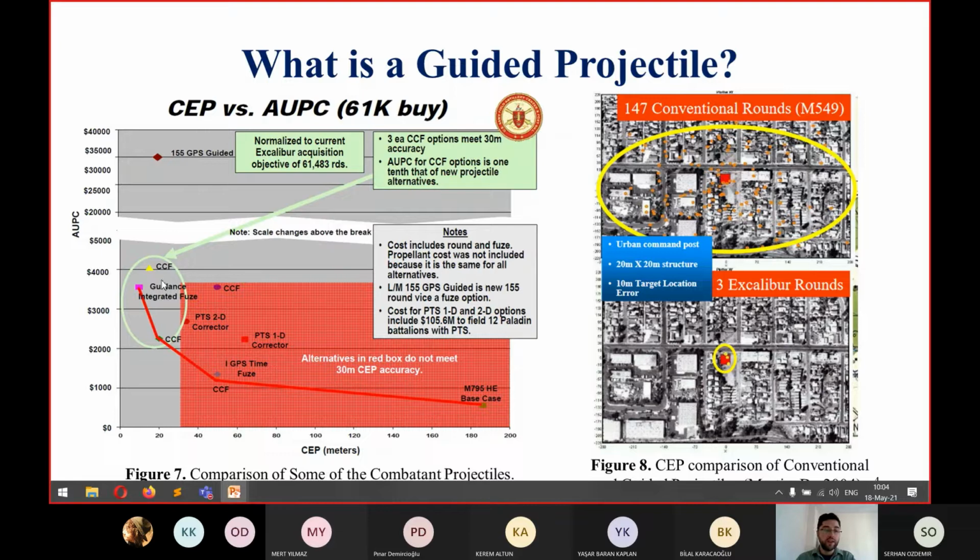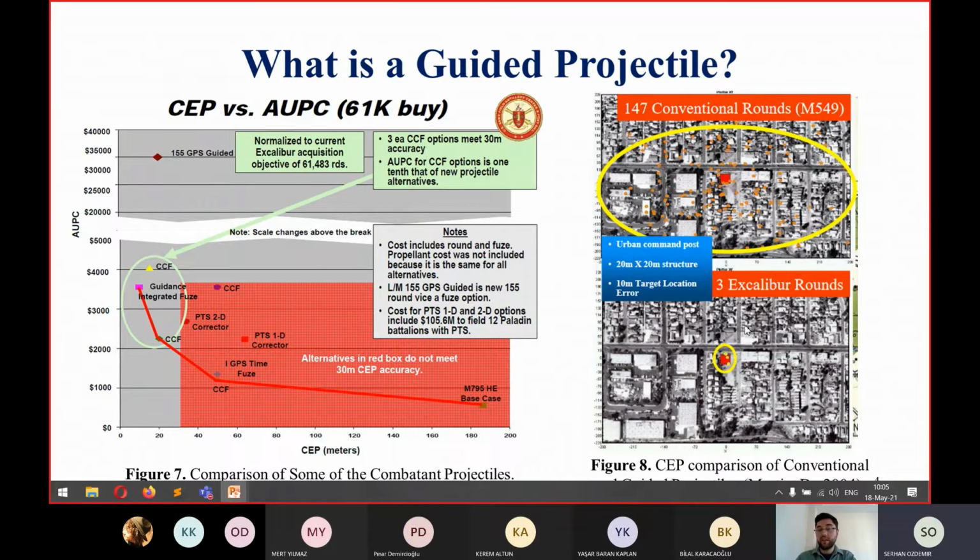On the other hand, a guided projectile's accuracy is about 20 meters, and its cost is not too much. In the figure on the right, you see a comparison of CEP: the same desired effect achieved by only using 3 Excalibur rounds. This is a guided projectile.